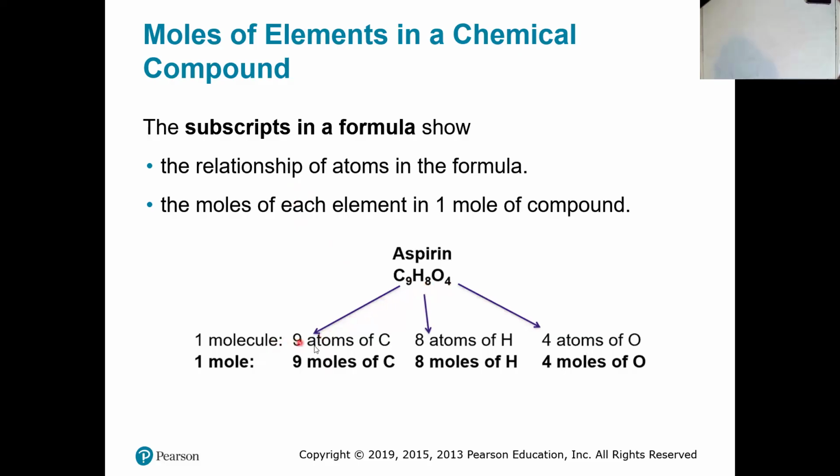So this is like a better breakdown. 1 molecule, 9 atoms, 1 mole, 9 moles of the specific element. 1 molecule, 8 atoms of hydrogen, 1 mole, 8 moles of hydrogen. So the atom and the mole ratio are going to correlate with each other, just like the molecule and the mole amount.